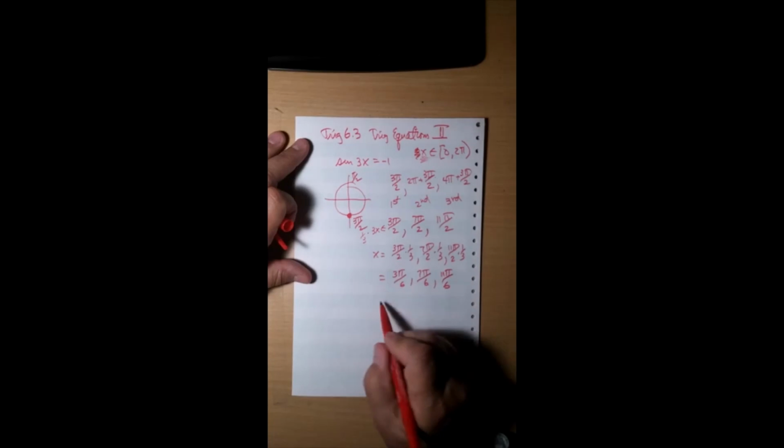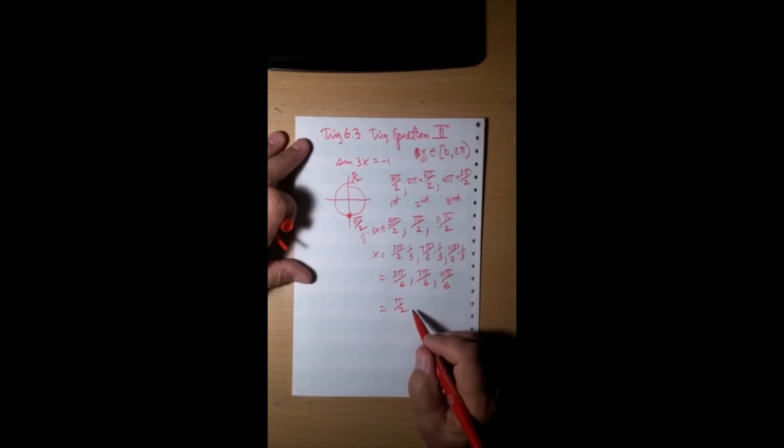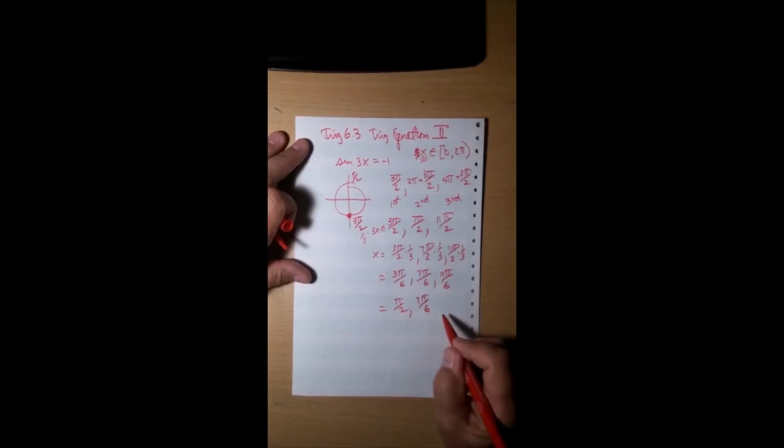The only one that reduces nicely is the first. That's pi over 2. Interesting. Then 7 pi over 6 and 11 pi over 6.